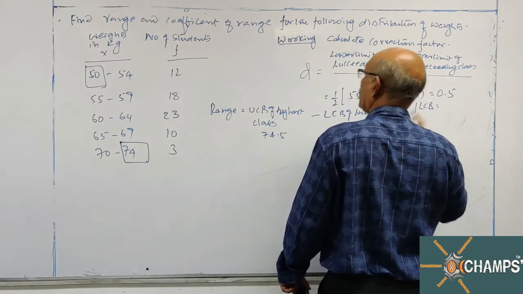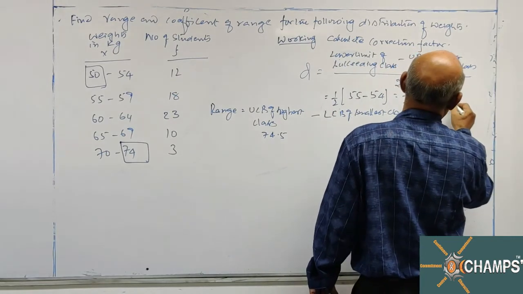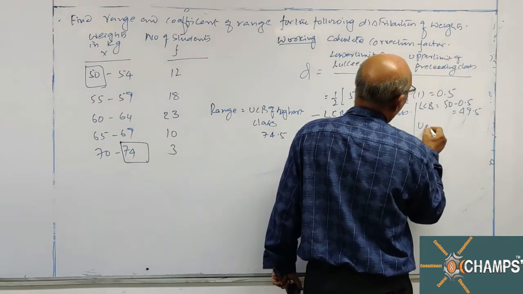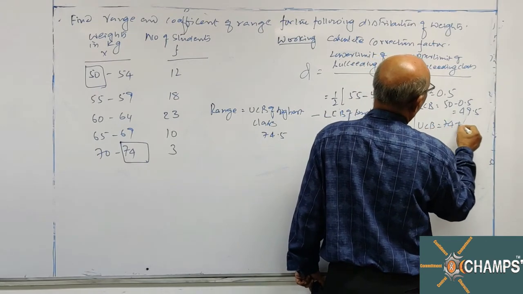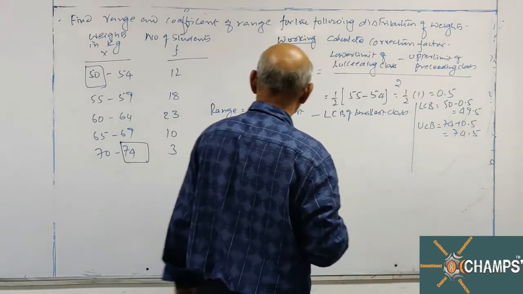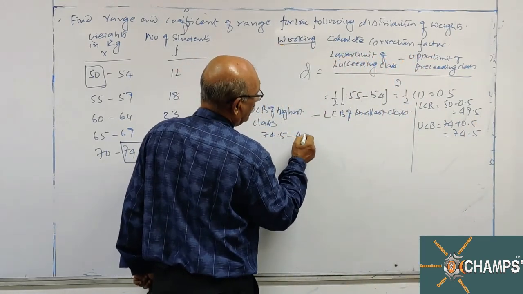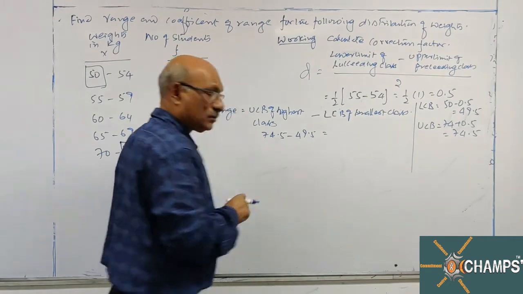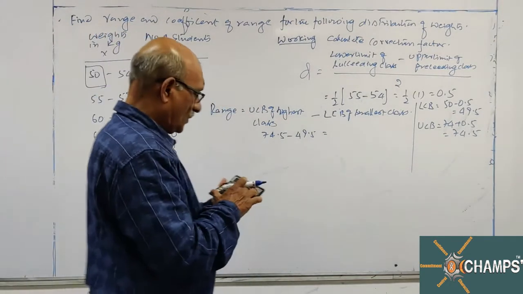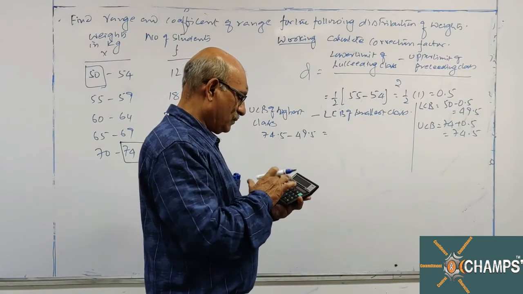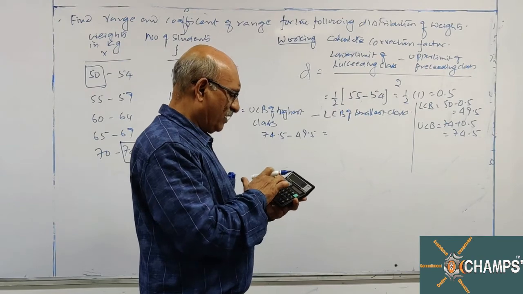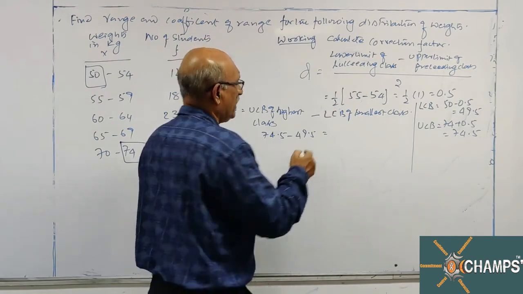Lower class boundary is equal to 50 minus 0.5, this is 49.5. Upper class boundary is 74 plus 0.5, 74.5. So 74.5 minus 49.5, this is 25.